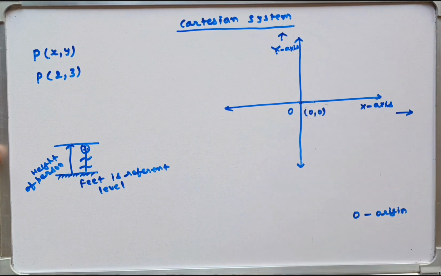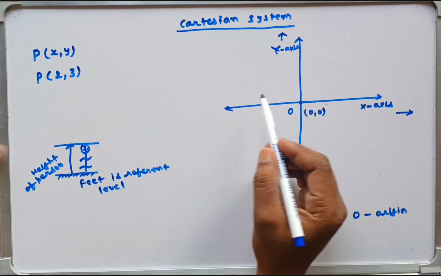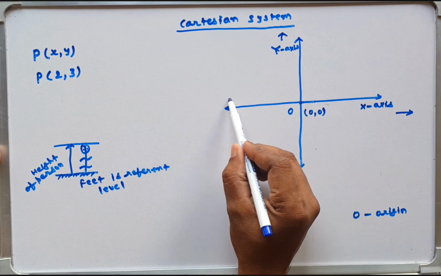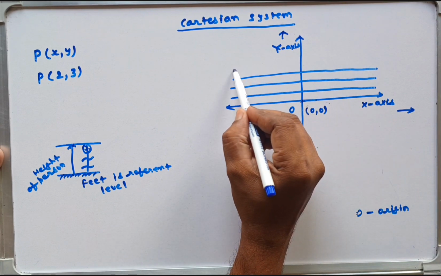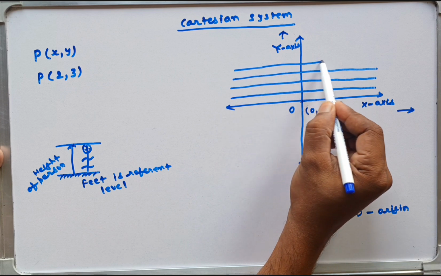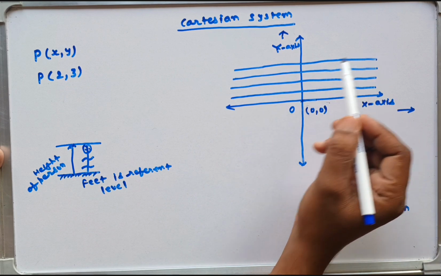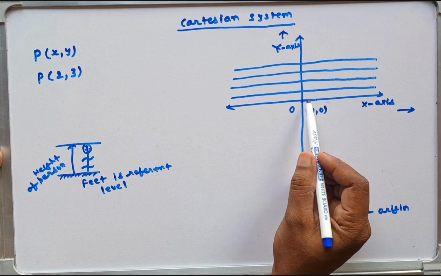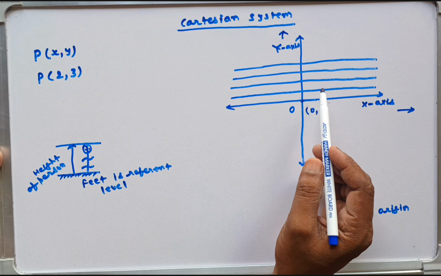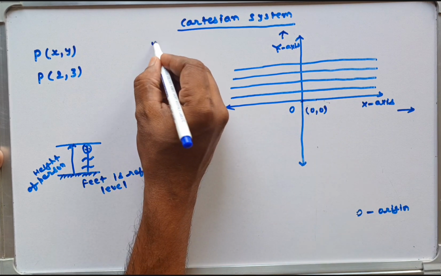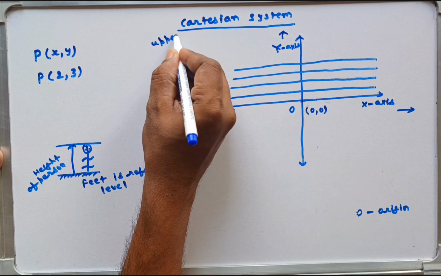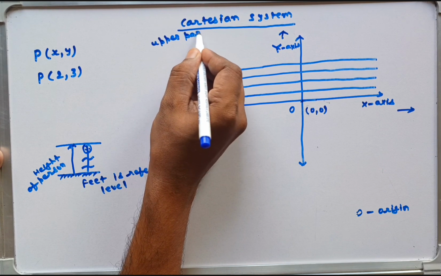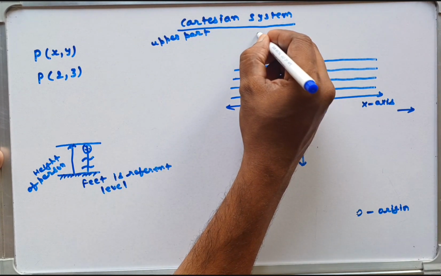Okay guys, you see on a graph paper there are so many lines parallel to the x-axis. And the upper part of this x-axis is known as the positive y-axis.